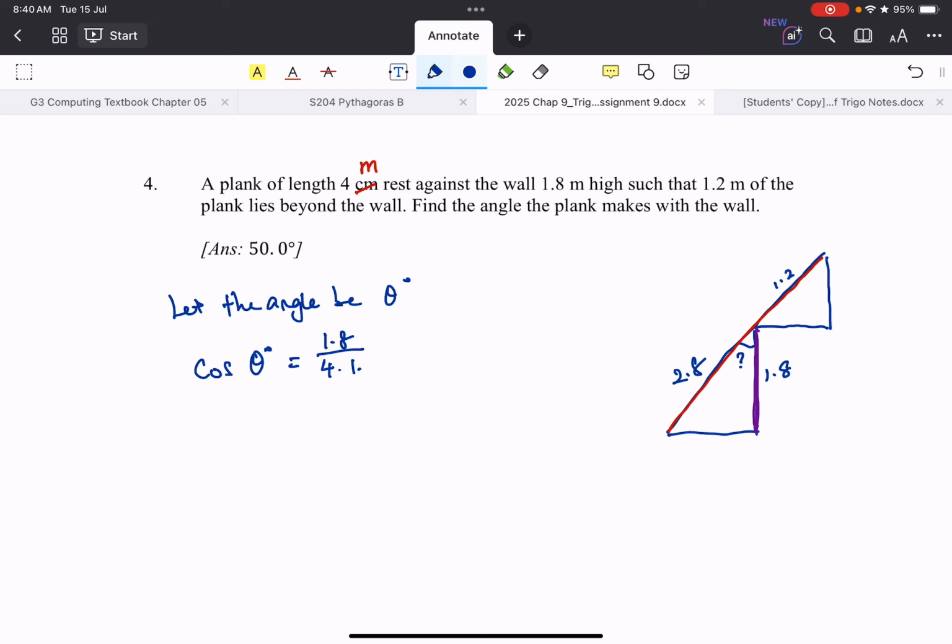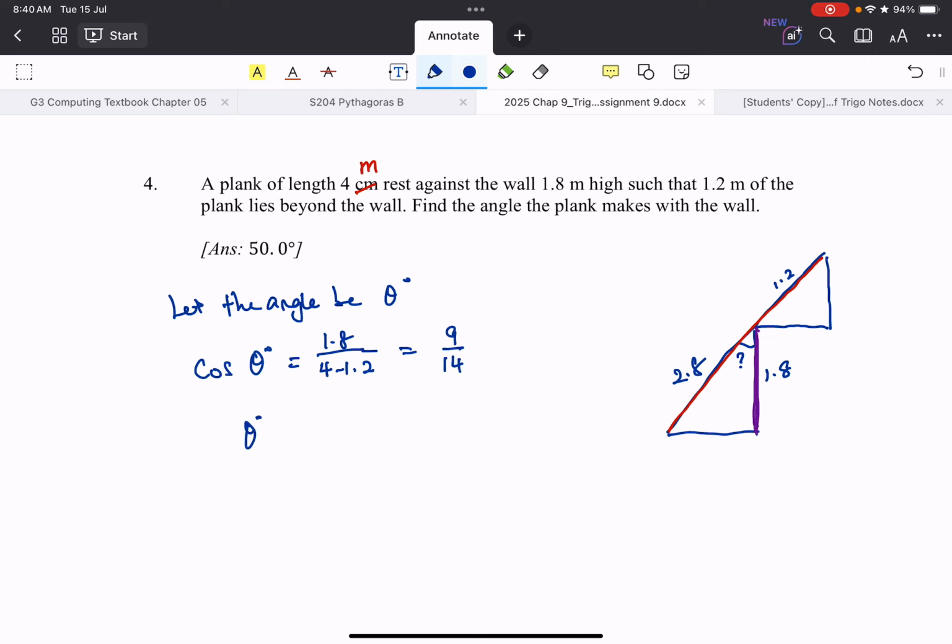You want to be very clear about our working. The first step, we just use the information from the question itself, which is equal to 1.8 over 2.8. Let's see what the calculator says. 1.8 divided by 2.8 is 9 over 14.